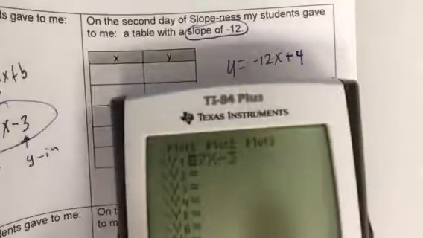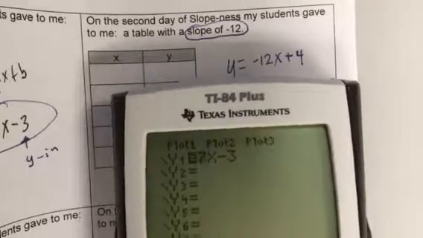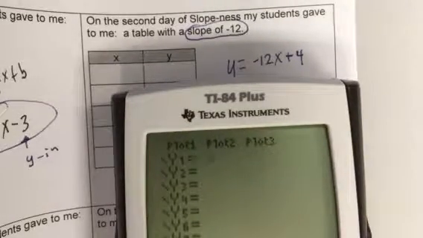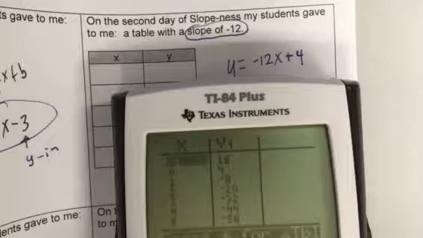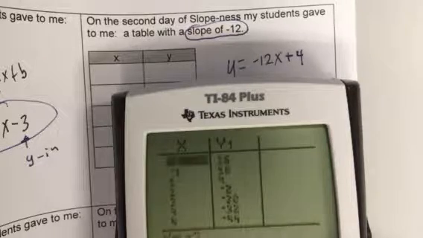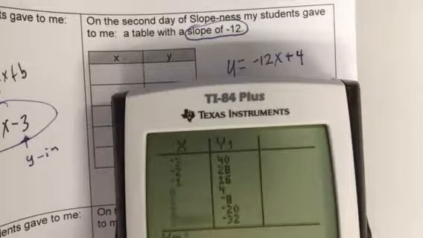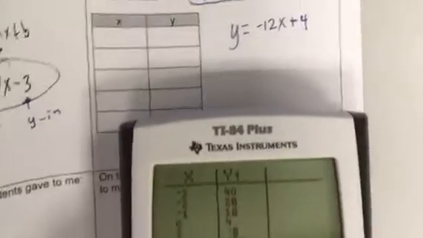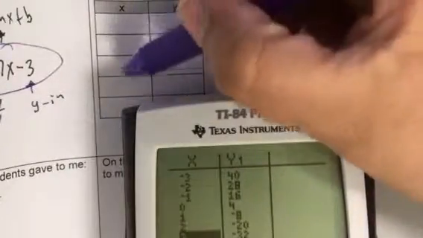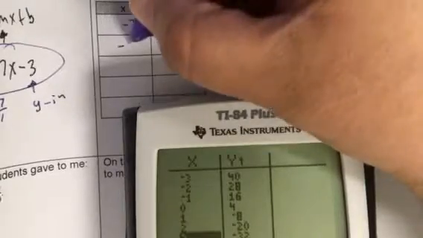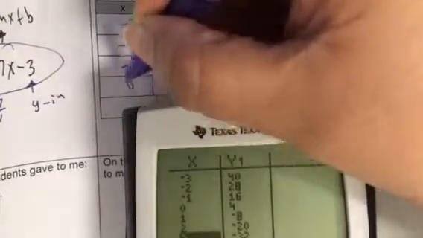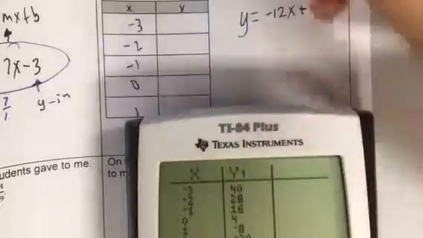You could pick -200 if you wanted to. So now what I'm going to let the calculator do is do the work for me. So it doesn't matter what points you pick. I'm just going to pick 5 points because there's 5 spots. So I'm going to say -3, -2, -1, 0, and 1.